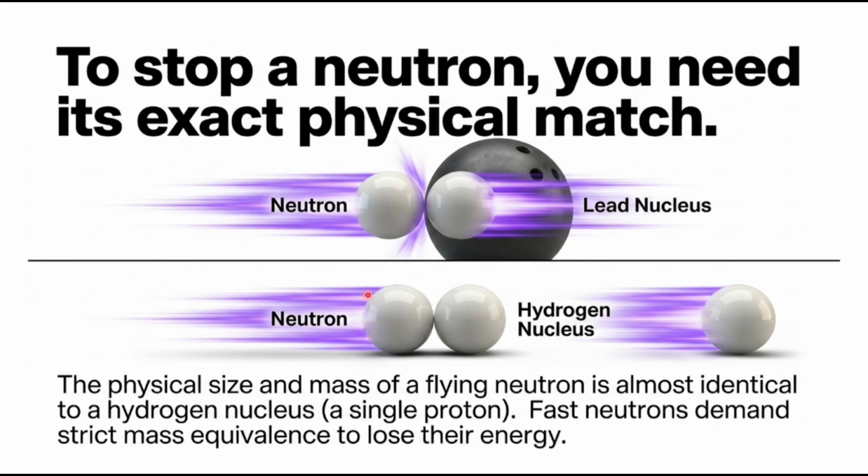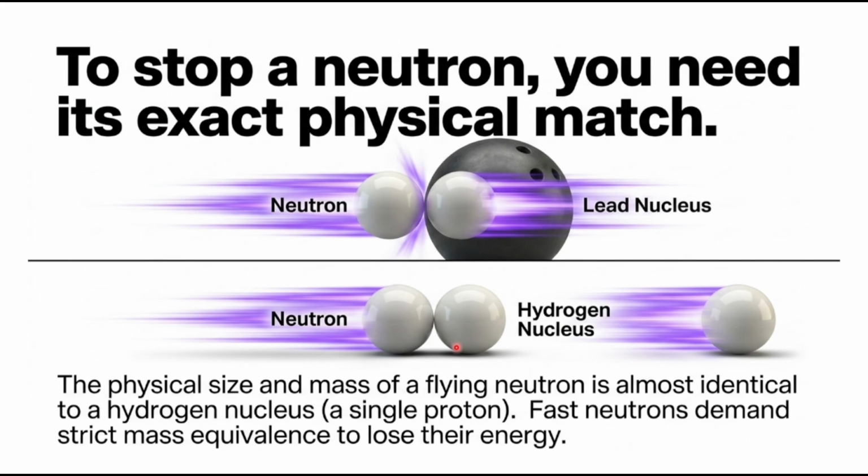Now look here. This shows a neutron crashing directly into a hydrogen nucleus. A hydrogen nucleus is basically just a single proton. The physical size and mass of a flying neutron is almost exactly identical to this hydrogen nucleus. This is exactly like a fast moving billiard ball crashing into a similar resting billiard ball.